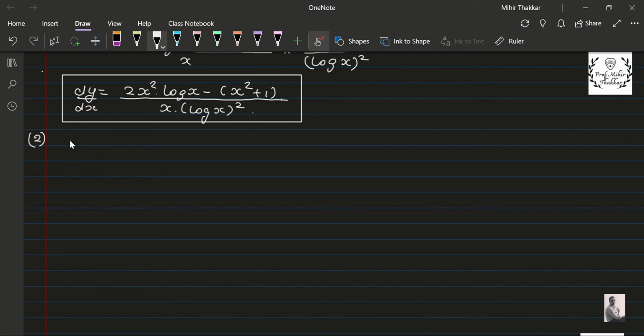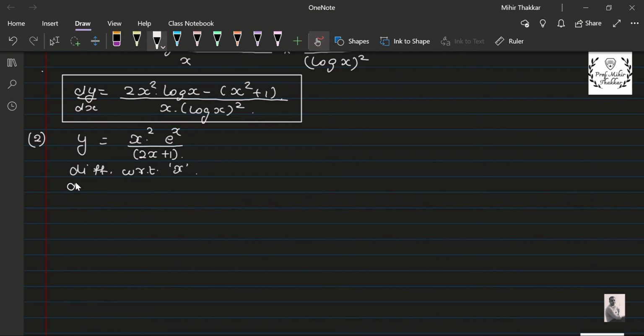In fact, I'm sorry, y is equal to x square e raised to x divided by 2x plus 1. So let us see, we have to differentiate with respect to x.